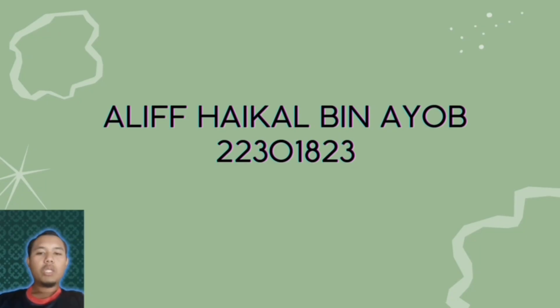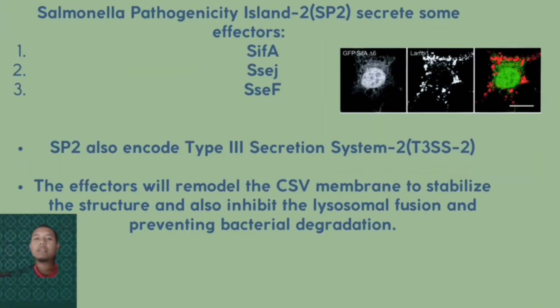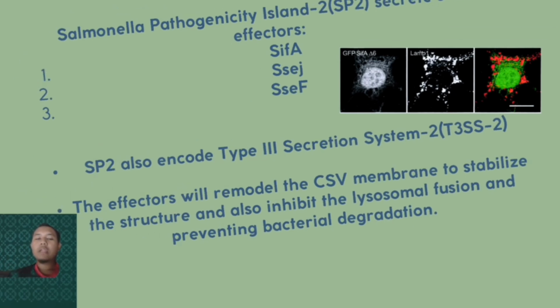I will continue to describe the host-parasite mechanism that was described by my friend Ahmad Wafi just now. Type 3 secretion system 2, T3SS2, is encoded by Salmonella pathogenicity island 2, SPI-2, which secretes effectors like SifA, SseJ, and SseF. These effectors remodel the SCV membrane to stabilize the structure while also inhibiting lysosomal fusion and preventing bacterial degradation.